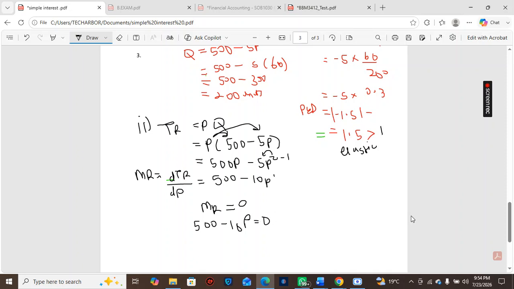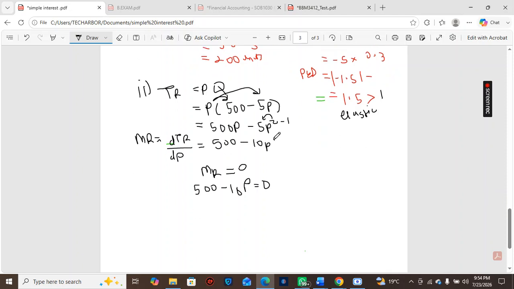We need to solve for P. This negative 10P can come over to this side, so we have 500 equals positive 10P. To get the value of P, divide both sides by 10.